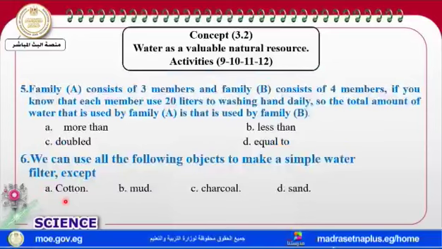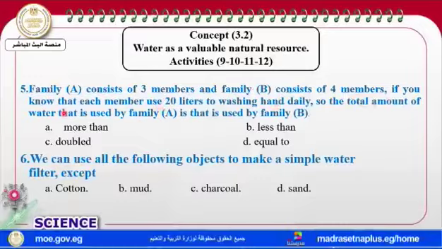If you have two families, family A and family B. Family A consists of three members. Family B consists of four members.